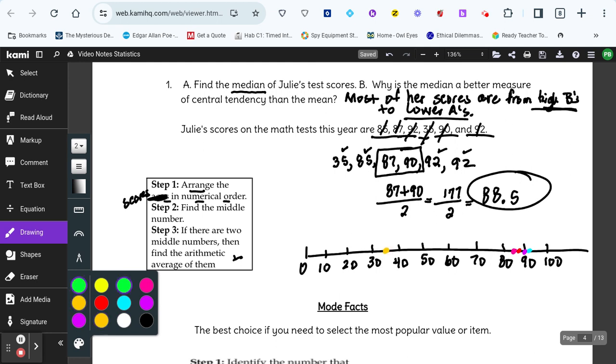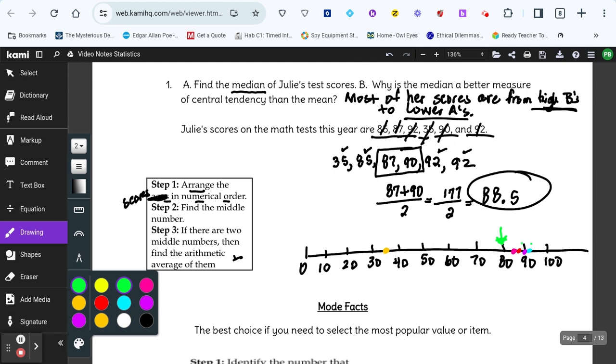Using the mean, and these were her test scores, all of them, everything on this line, it says most of her grades, this was the center. Like most of her grades were around a low 80. So I don't see most of her grades being around a low 80.